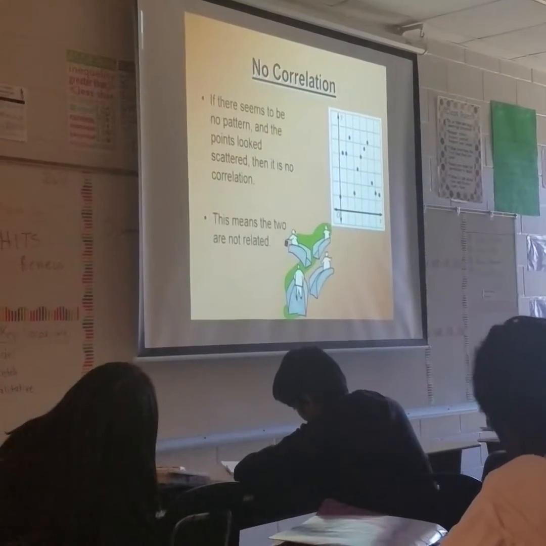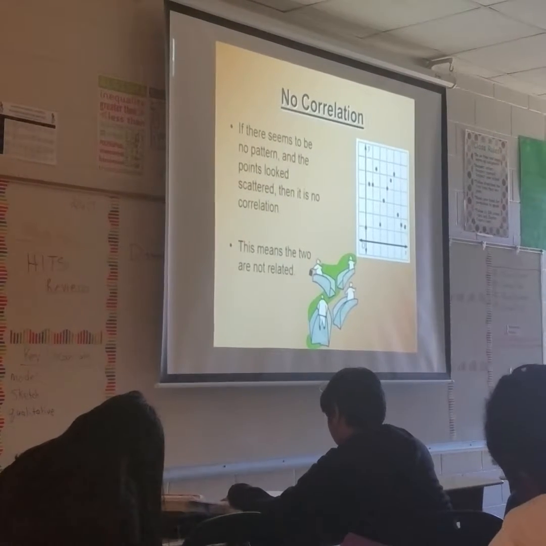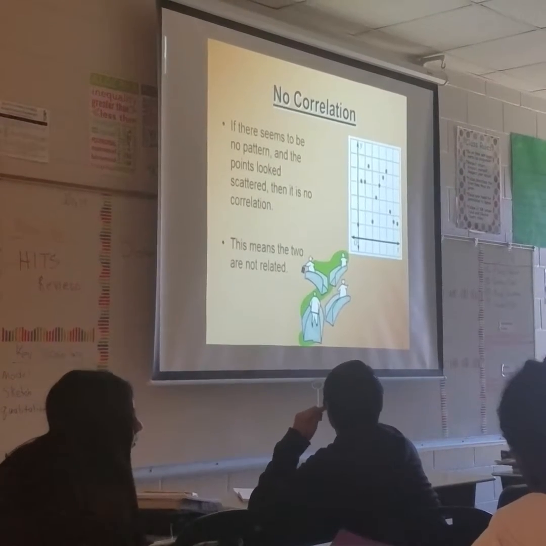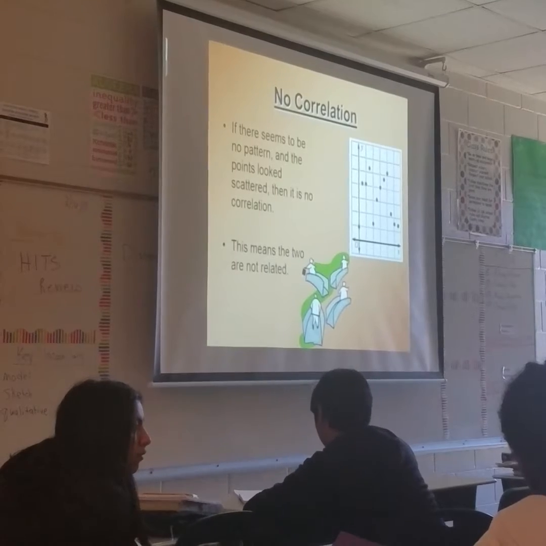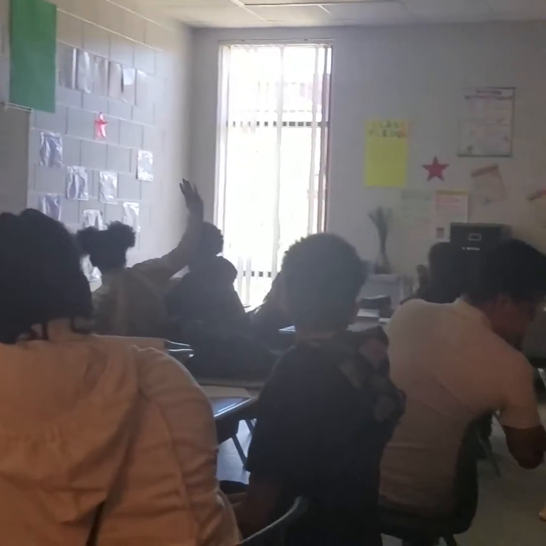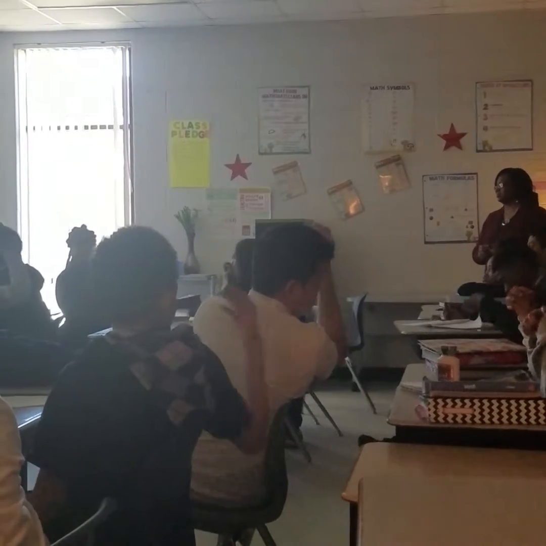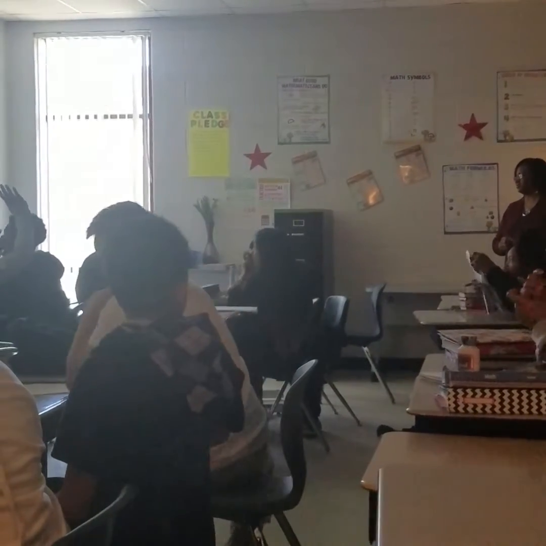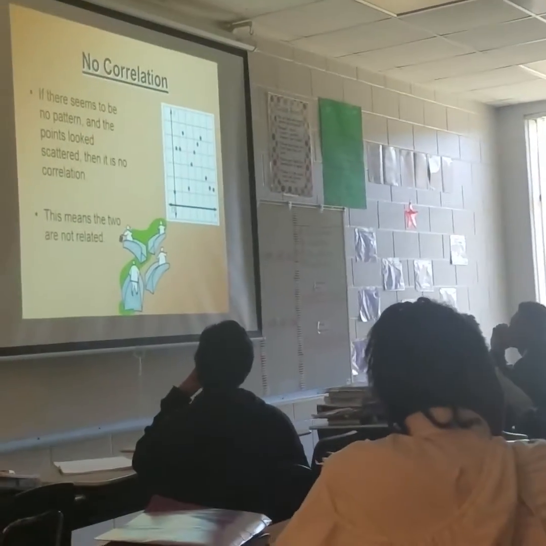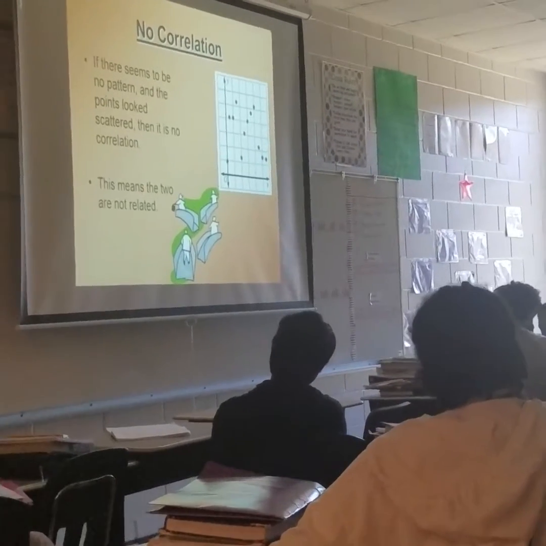Okay, so notice the points are all scattered everywhere here. Say, for example, in the real world, they would give us a real-life situation, and they have to tell us whether this is a correlation or no correlation.